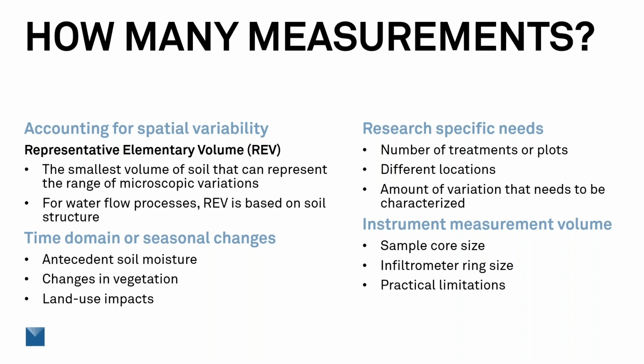That REV value is a value that we refer to as being how big of an area do we need to measure to properly quantify that variability. And one way I like to look at variability is in terms of the coefficient of variation. So typically, the bigger the coefficient of variation, that means we have more variability in the field, and we're going to need to use more measurements to quantify that.